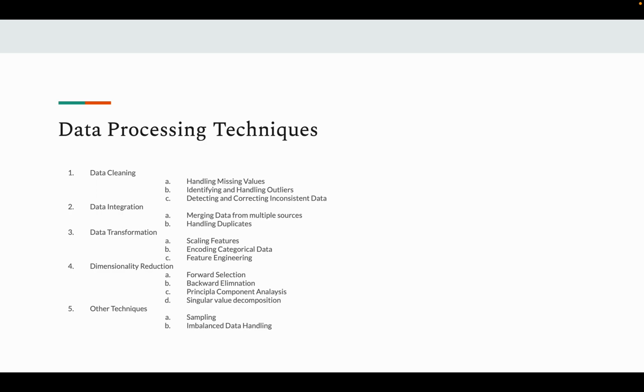So the dog class contains 10,000 training records and the cat class contains only 100. This is imbalanced data, and we have to apply some techniques to handle it. So these are a few data pre-processing techniques.